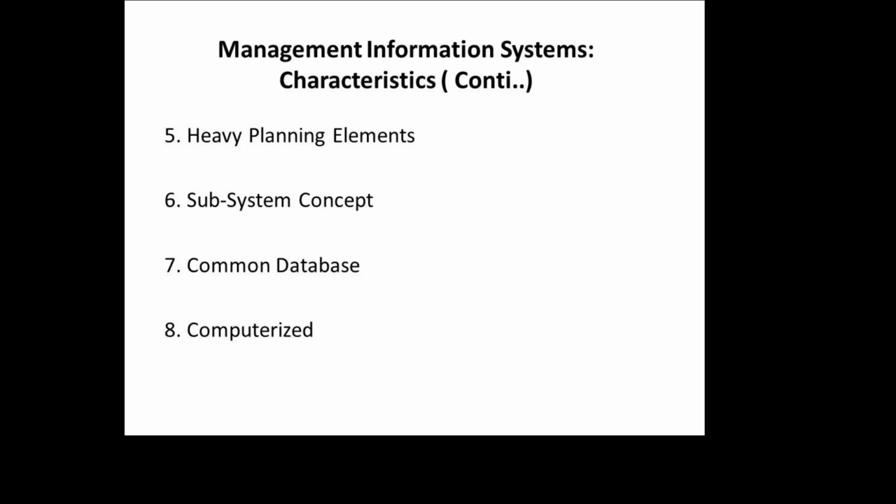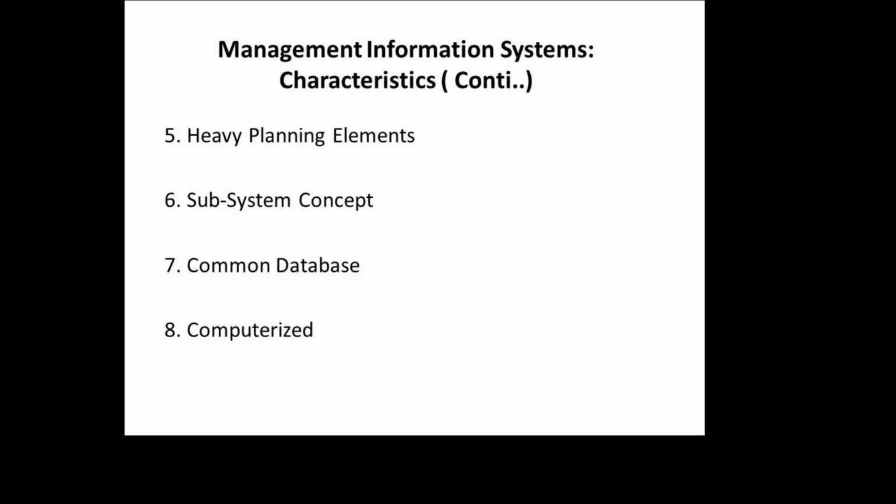The organization of a database allows it to be accessed by several information subsystems, and thus it eliminates the necessity of duplication in data storage, updating and protection. So this is the first and foremost common characteristic of any MIS, that it should have a common database.